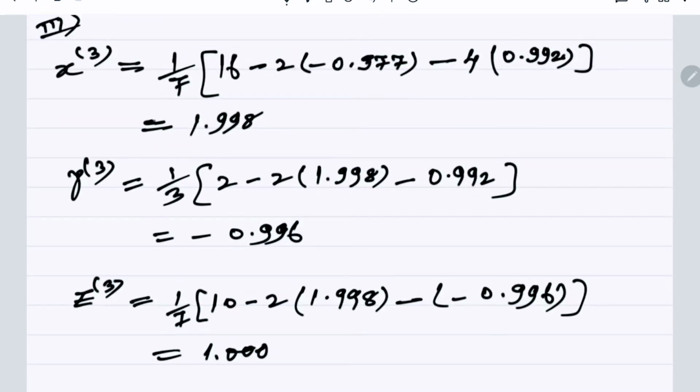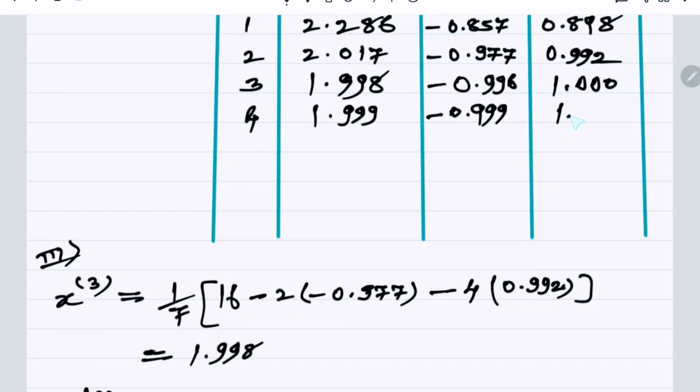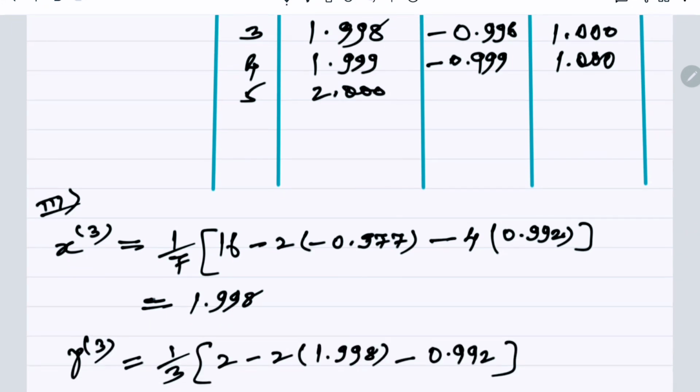And then for the 5th iteration, using equation A we get the value of x for the 5th iteration as 2.00, the value of y as minus 1.00, and the value of z remains the same, that is 1.00.